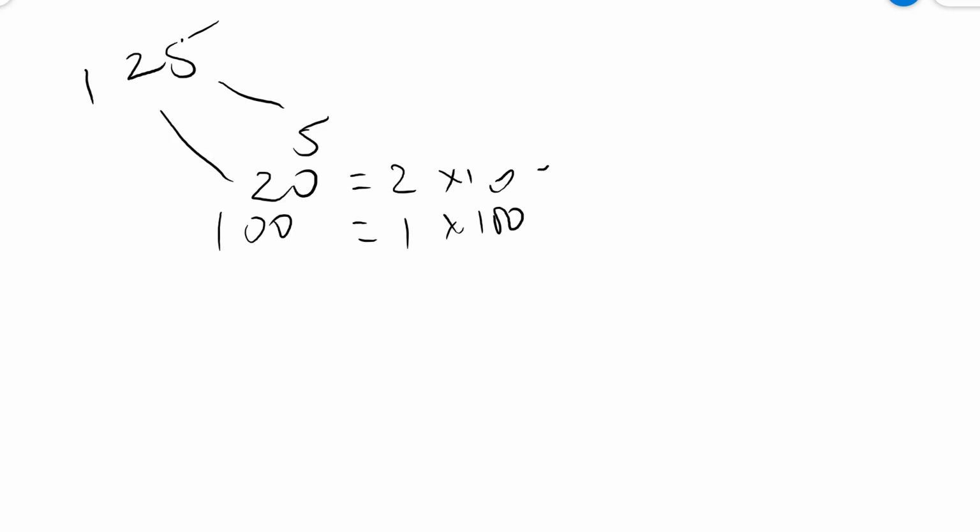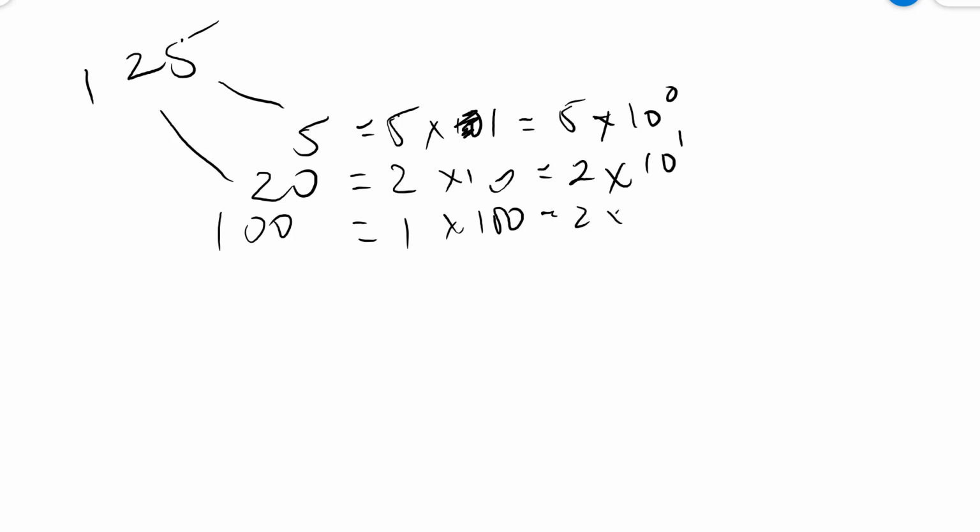So this is the same thing as 5 times 10 to the 0, which is 5 times 1. This is 2 times 10 to the 1 and 1 times 10 to the 2.